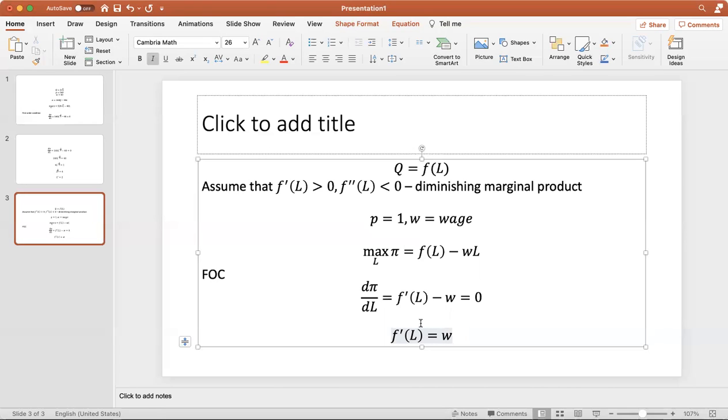Now, in a more generic sense, if we didn't assume that price is equal to 1, then the marginal product of labor should be equal to the real wage rate because you're gonna divide W by P. So that's your first order condition.